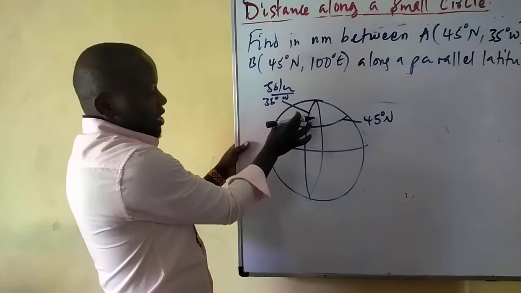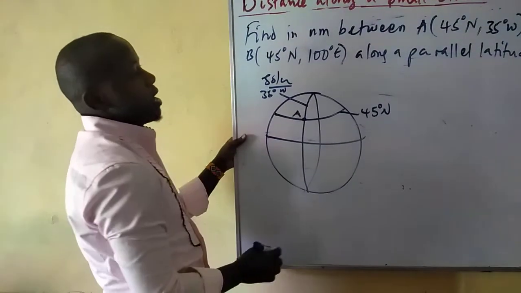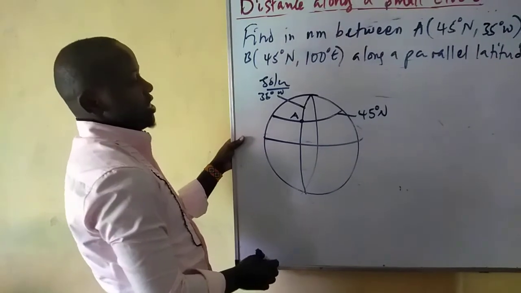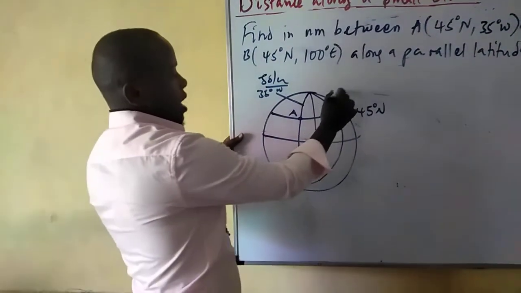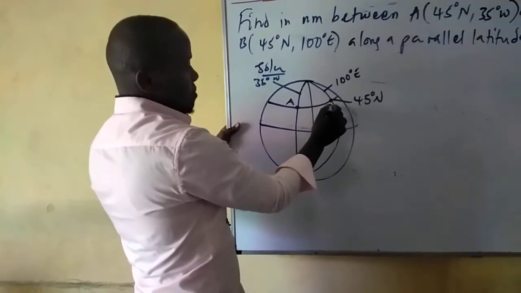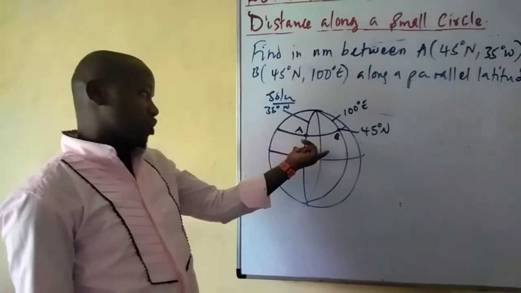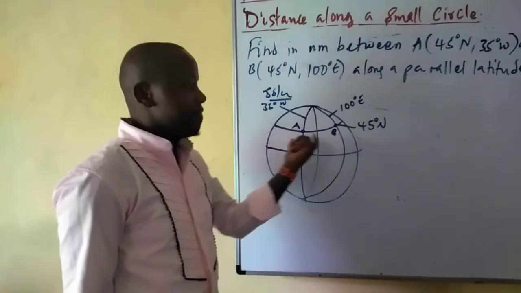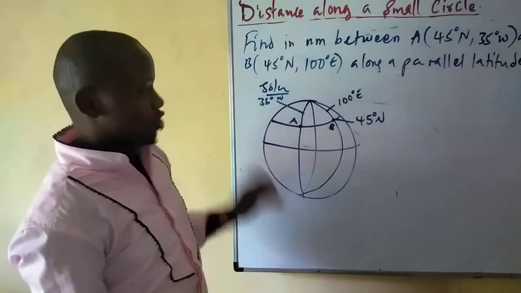Where 35 west and 45 north intersect gives us A, but B is 100 east. So east is this side, 100 degrees. Therefore, this is where we have B. After plotting, the two places are along the same latitude. Therefore, now we can get the distance in nautical miles.